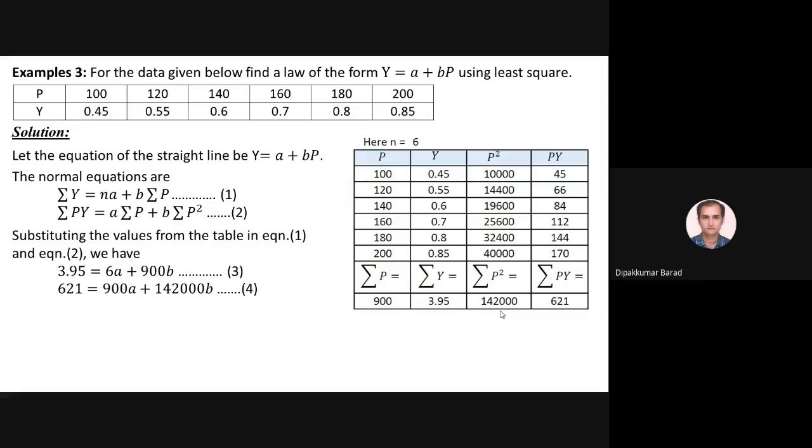You have just two linear equations and two variables a and b. So reply your answer in the chat box.